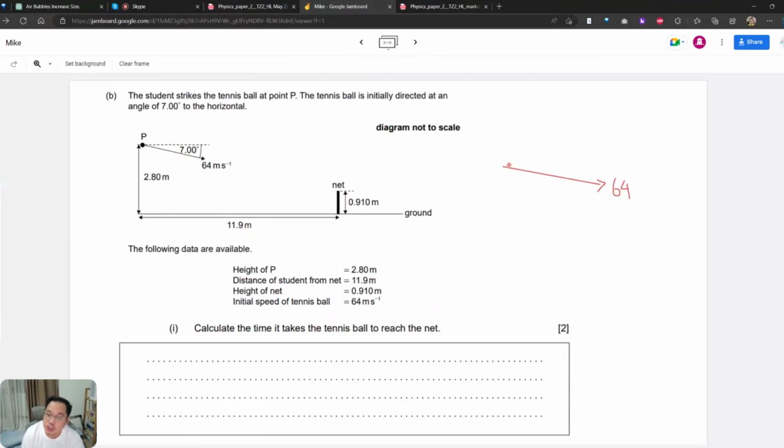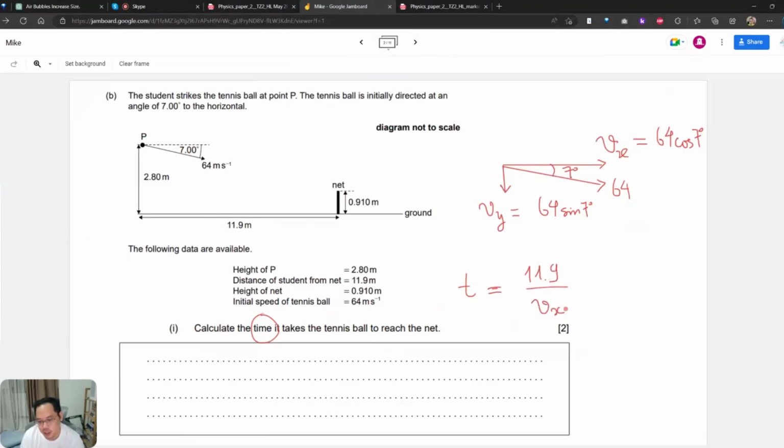You can resolve that velocity into two components: horizontal velocity Vx and vertical velocity Vy. Horizontal velocity Vx is 64 multiplied with cosine of 7 degrees. And Vy is 64 times sine of 7 degrees.